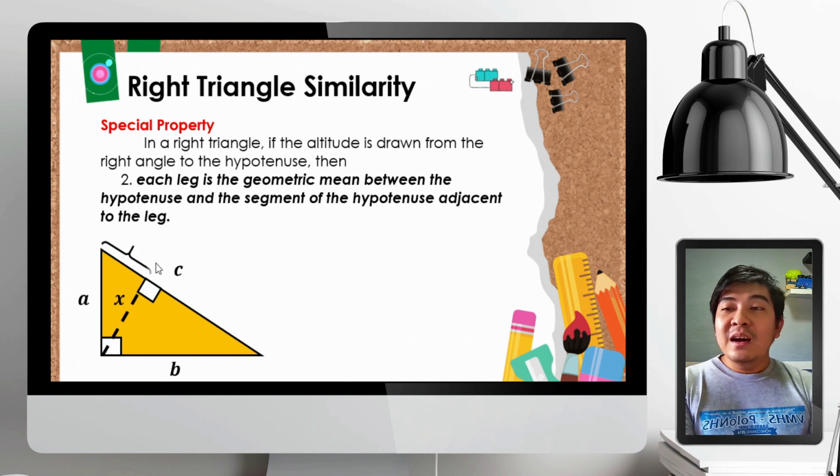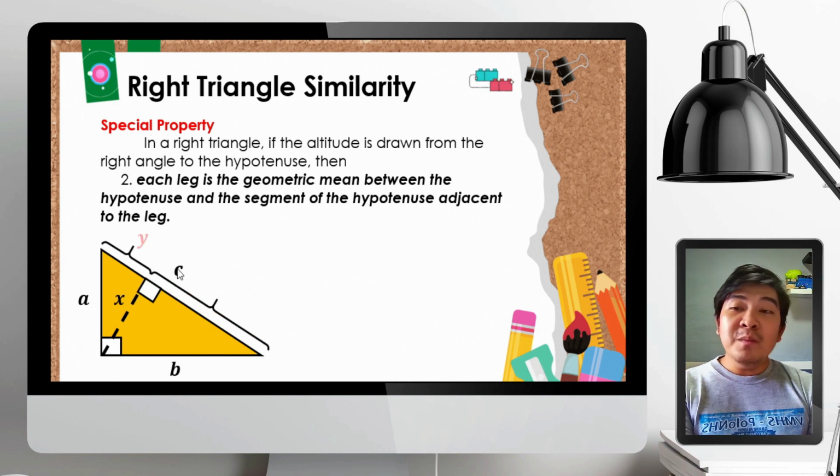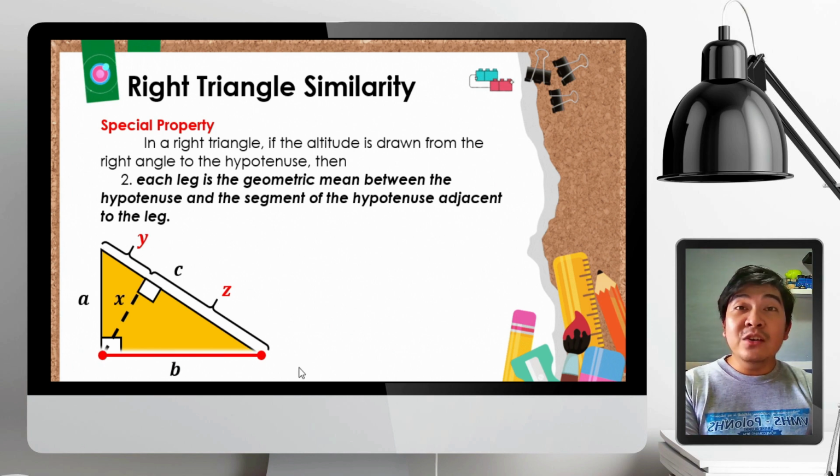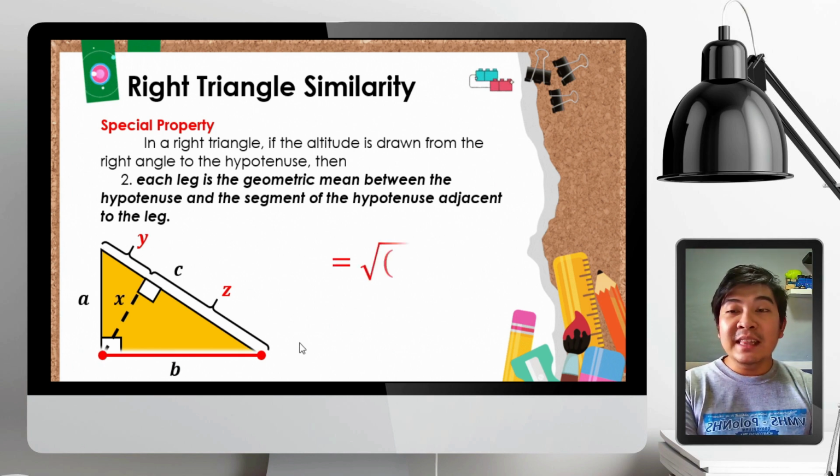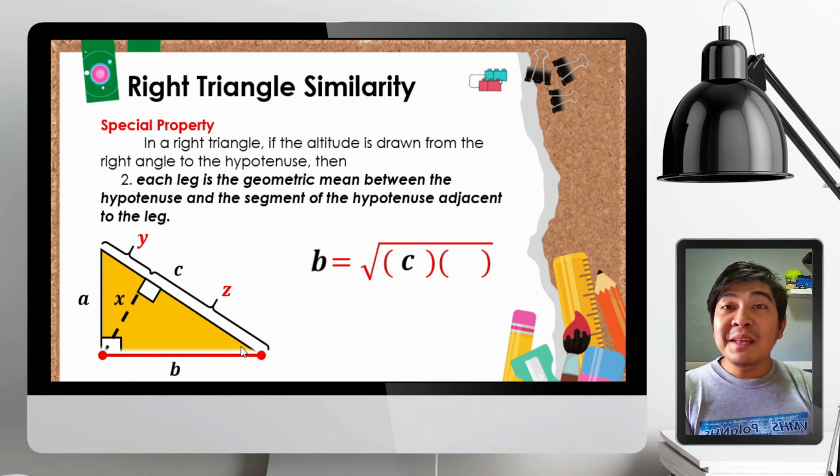So next, nakabuo ulit tayo dito, or naka-form tayo dito ng dalawang segments. So let us name them y and z. So to get the value of B, which is the leg of our bigger right triangle, ang gagawin lang natin will be to get the measure of the hypotenuse. So the hypotenuse is C, and then multiply it to the segment adjacent.